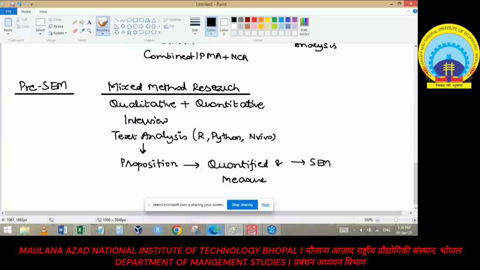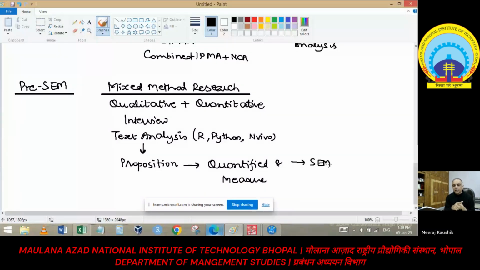Since these two are separate objectives, you can handle the second objective first, and then the first one later. Absolutely not a problem. These are two separate things. But when you say, I will conduct the interview, make the proposition, and the proposition will be checked using the survey method, now you cannot conduct the second one before completing the first one.